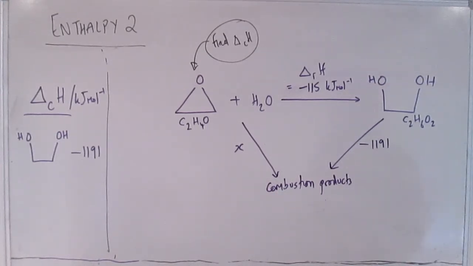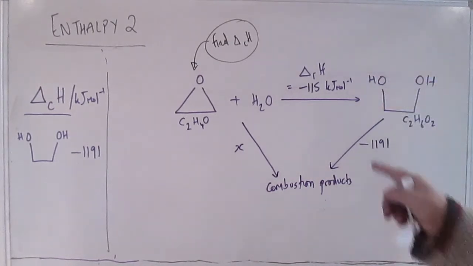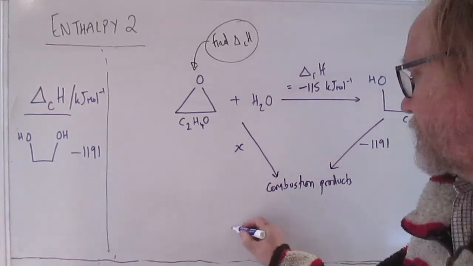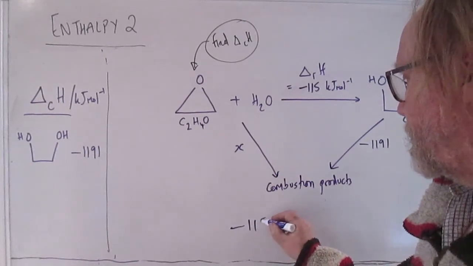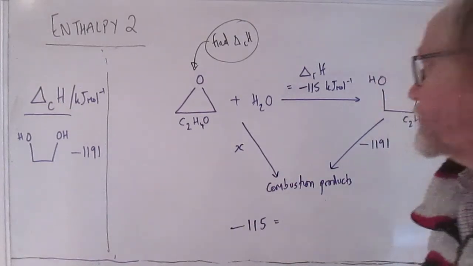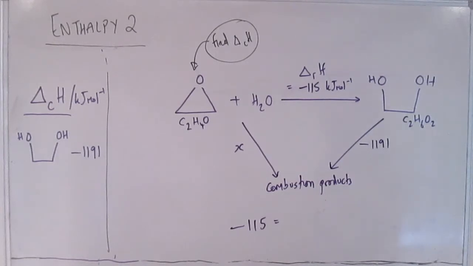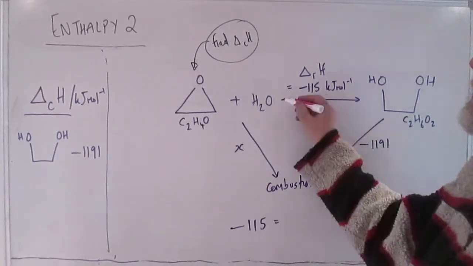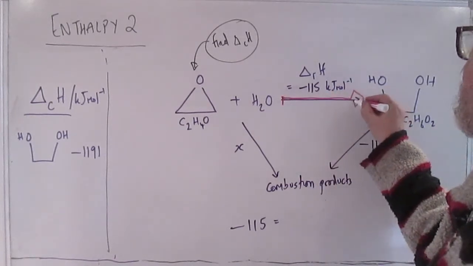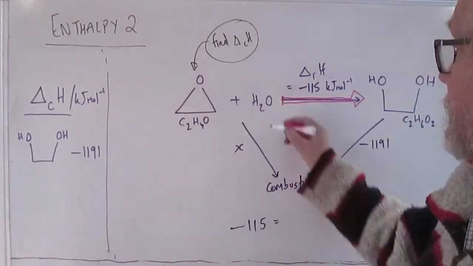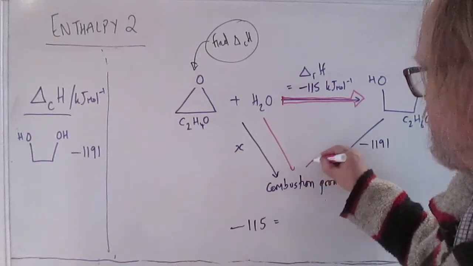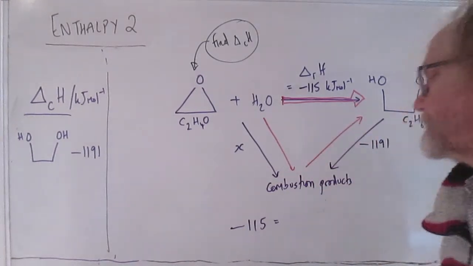So that's our cycle, and then we can just summarise what that cycle tells us, which is that this reaction across the top, minus 115, is equal to, and then we need our 2-step pathway that corresponds to that. So this is our minus 115, and it's going to be equal to that plus that.